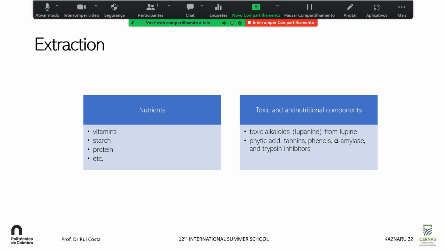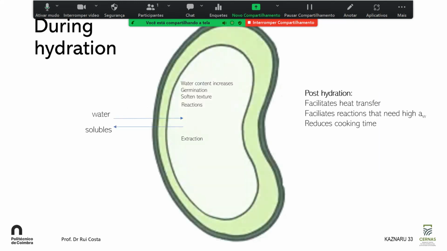And others say that no, if you are used to it, you have the way to process it, the microbiome to process it, so there will be no problem. Anyway, most of the researchers indicate that this extraction of anti-nutritional components is important, and so soaking can be used for that also.